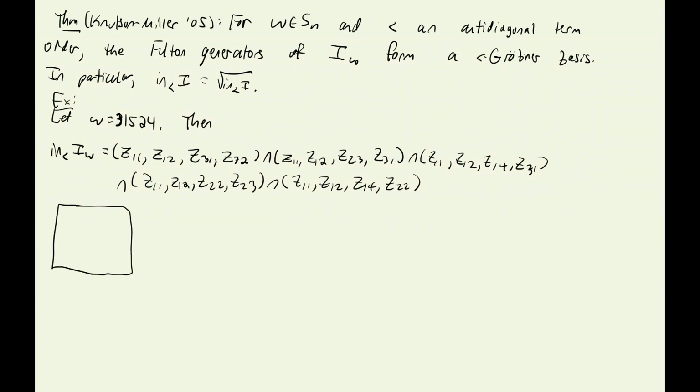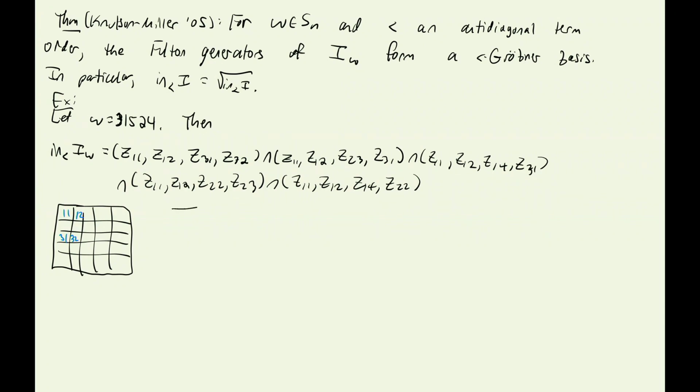So let's draw the locations of these variables. We'll just take the first one and see if this looks at all familiar to us. So here we have 1, 1, 1, 2, 3, 1, and 3, 2.